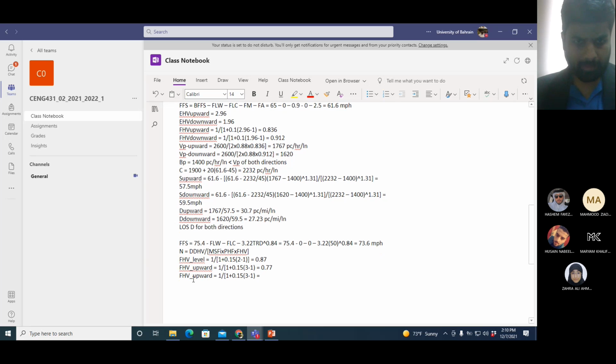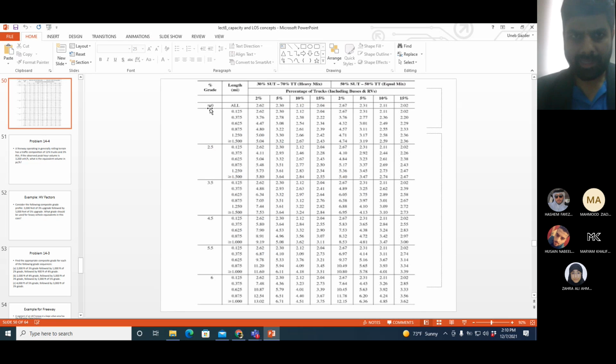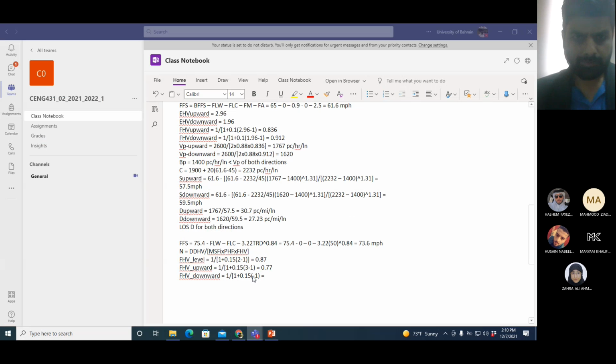Then you do the same thing for downward as well. This factor will change. For downward means less than 0, right? Negative. So factor is 2.02. How much?